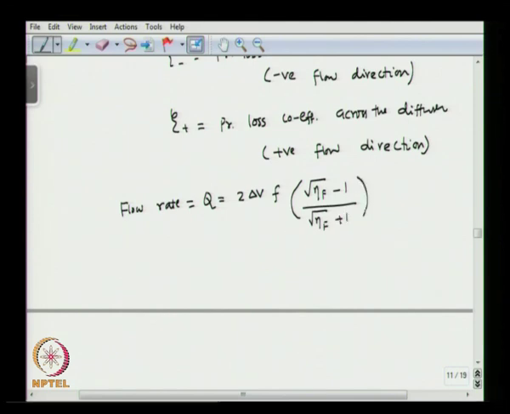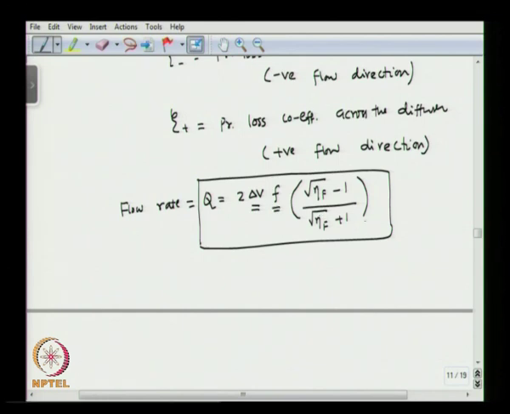Eta f is the fluidic diodicity. So that is how we can express the flow rate given by a valveless micropump in terms of the stroke volume, the frequency and the diodicity.